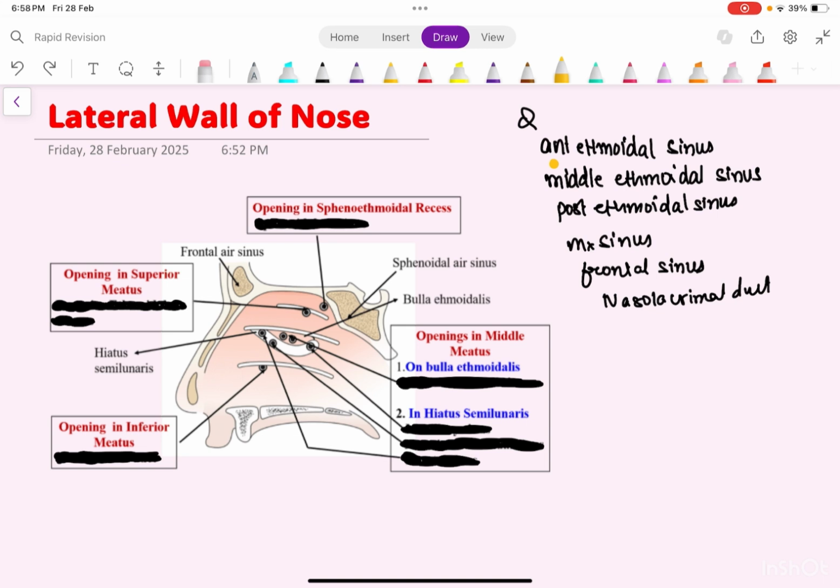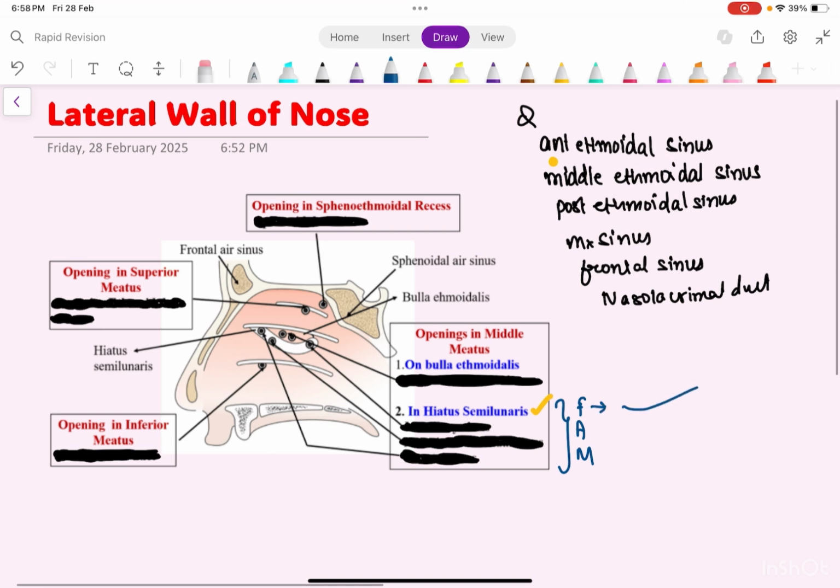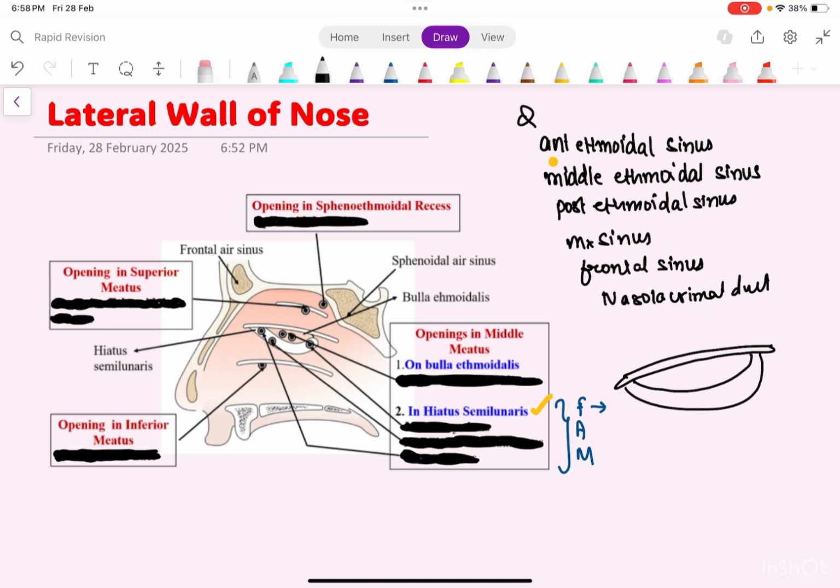First we'll start from the hiatus semilunaris. To remember this you have to know a password, which is FAM. This is our hiatus semilunaris, in the middle meatus. I'll draw it in a better way so that you can see it nicely. Now you have three openings in the hiatus semilunaris.